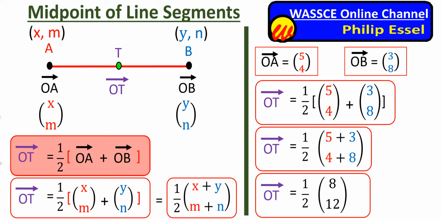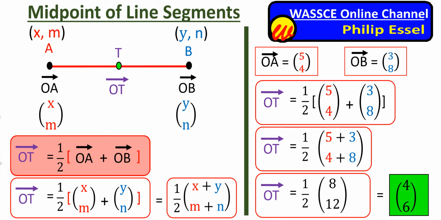This would give us half of the vector (8, 12). So at this point the half would multiply 8, then afterwards it will multiply the number 12. When we do this, we would get the vector (4, 6).